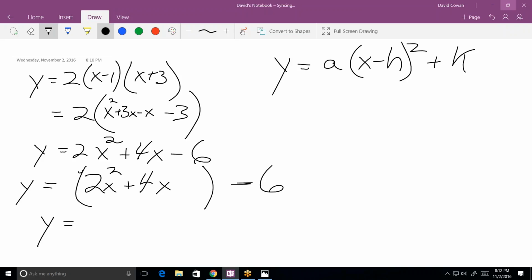We could factor out 2x. Well, you're almost correct. You don't factor out the greatest common factor. You factor out the coefficient of the x squared term, no matter what this is. I'm factoring that out because I cannot complete the square until I have a coefficient of 1 on the x squared term.